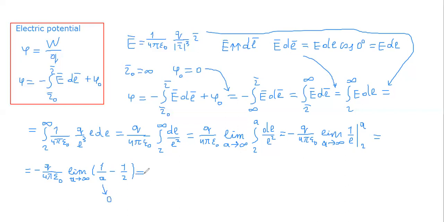And this is equal to 1 divided by 4 pi epsilon 0, q divided by R. So, do you have any questions?